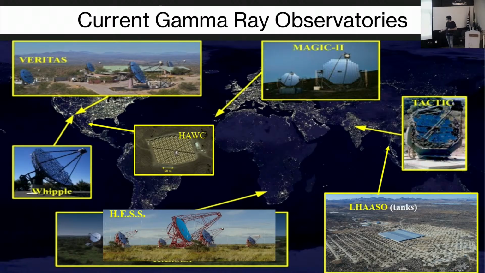One of the more exciting, more recent observations has been LHAASO, down here. This is located in China. It is a large field with a lot of Cherenkov tanks that can stay there, collecting a lot of cosmic rays and gamma rays that come from the sky.